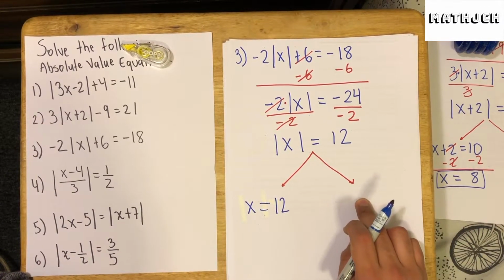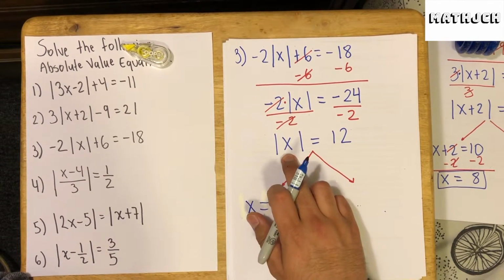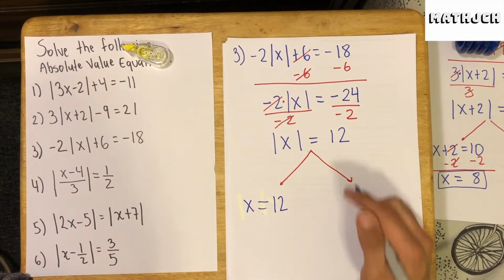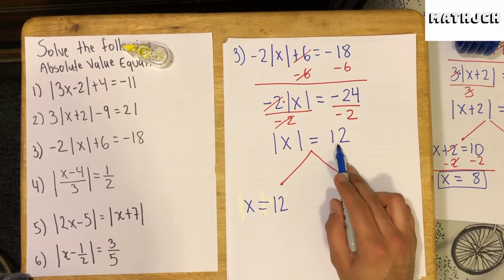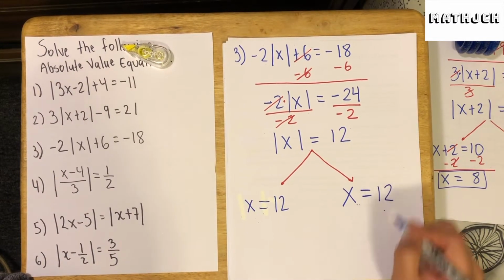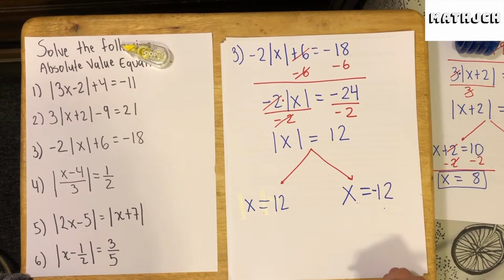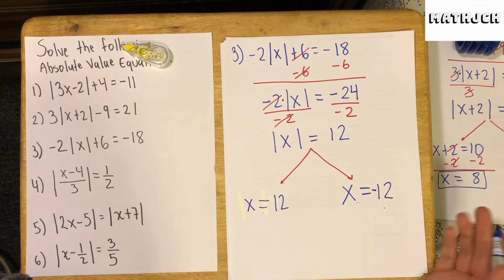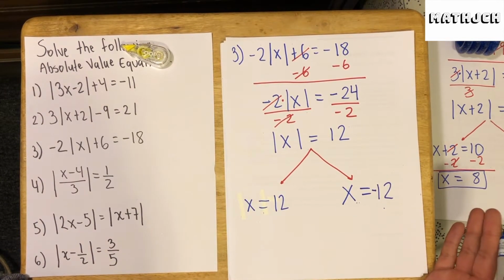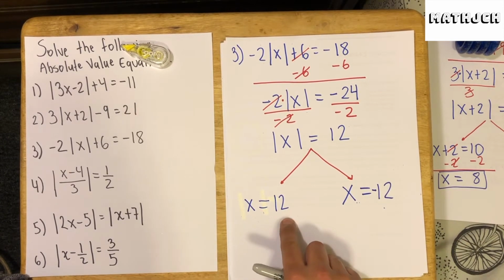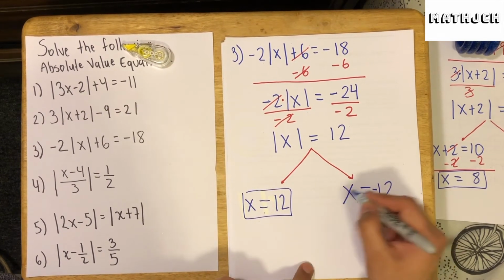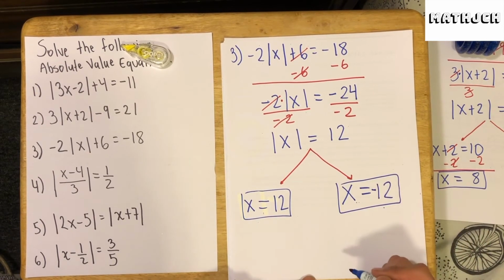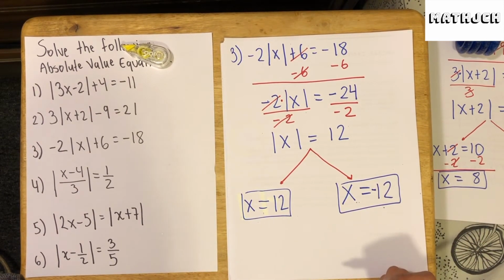Now, my second case will be everything inside the absolute value without the absolute value equals the negative of this number, which is going to be minus 12. And this happens to be already solved. x equals some number. In this case, I have x equals 12 and x equals minus 12. And that's going to be our final solution.